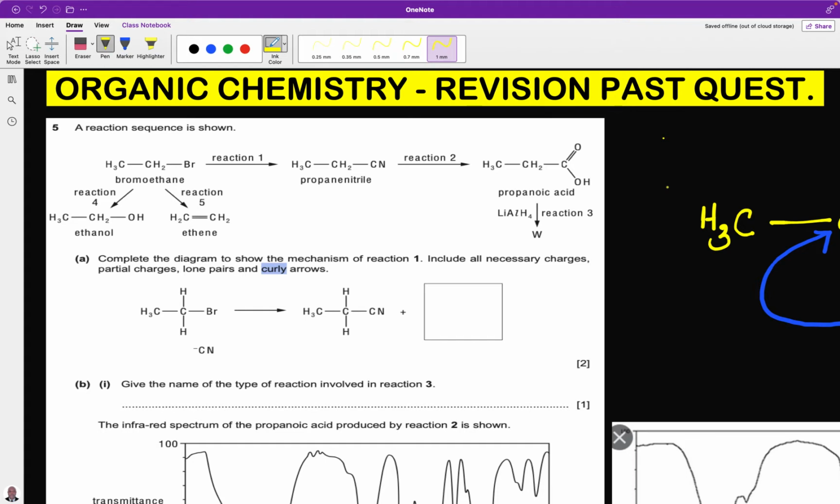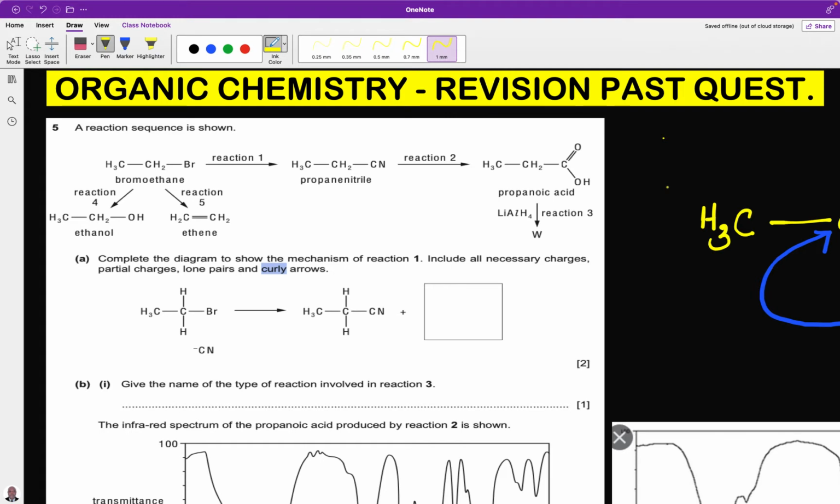Propanenitrile undergoes reaction 2 to produce propanoic acid. Propanoic acid undergoes reaction 3 using LiAlH4, that is lithium tetrahydroaluminate, to produce W.